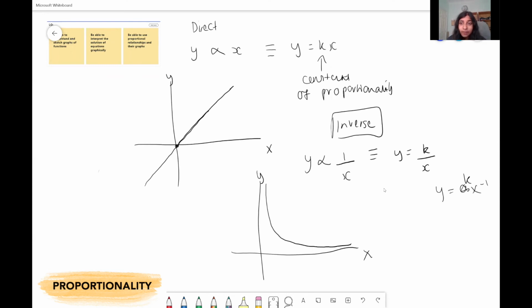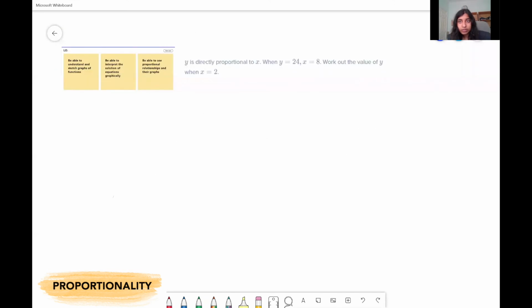So if we do some example questions, this would make it clearer. So we have an example here. y is directly proportional to x. When y is 24, x equals 8. So we have to work out the value of y when x is equal to 2.